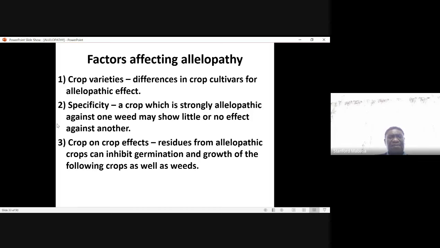We also have crop-on-crop effects, where we have residues from allelopathic crops inhibiting the germination and the growth of the following crops, as well as weeds.